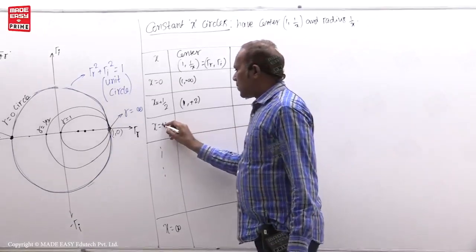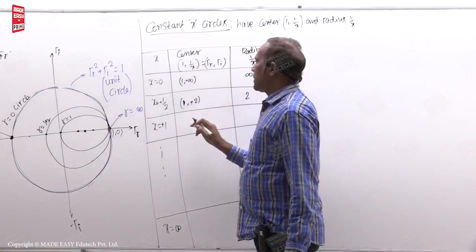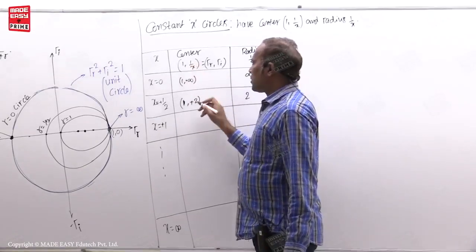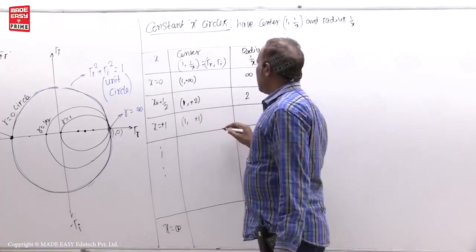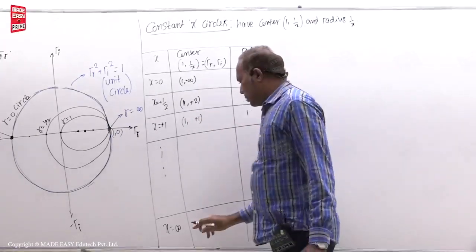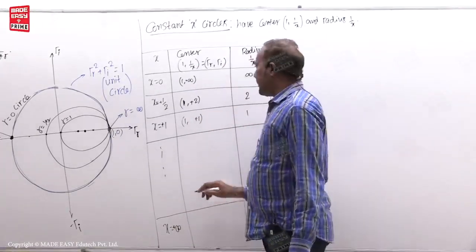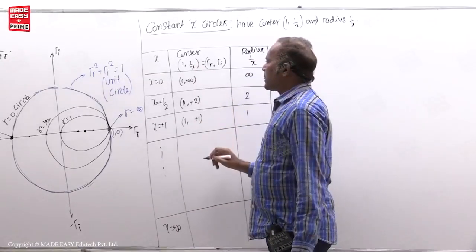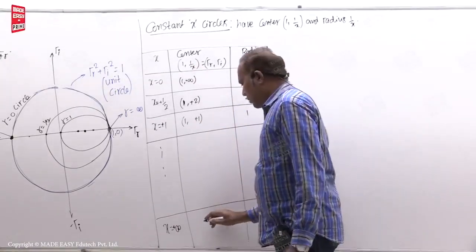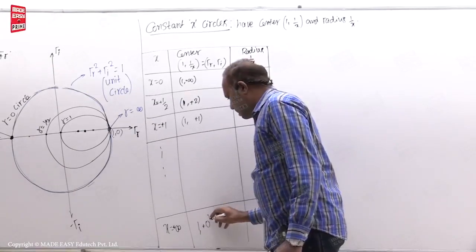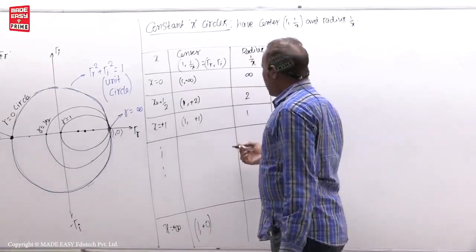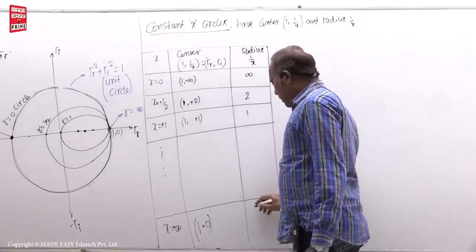So X is equal to plus 1 I am substituting, plus 1 means 1 comma 1 by plus 1 is 1 comma plus 1 I get. So radius is 1 I will get. So I will substitute plus infinity, then 1 divided by plus infinity means you will get plus 0. So 1 comma plus 0, and infinity, 1 by infinity is 0 radius.